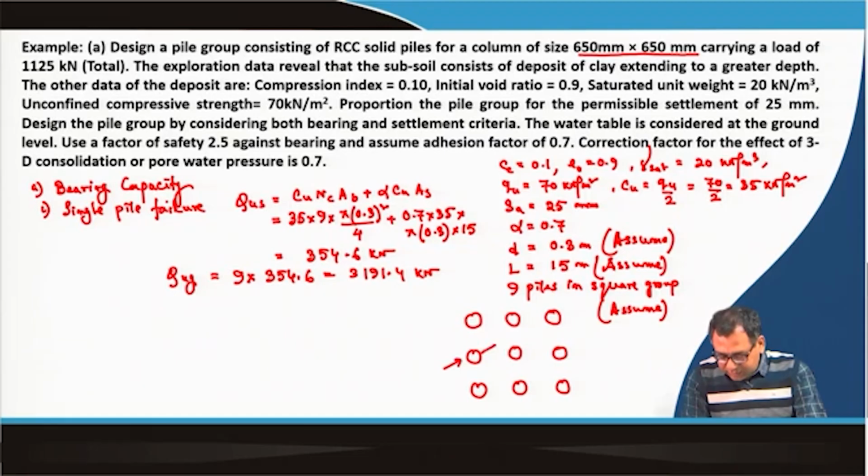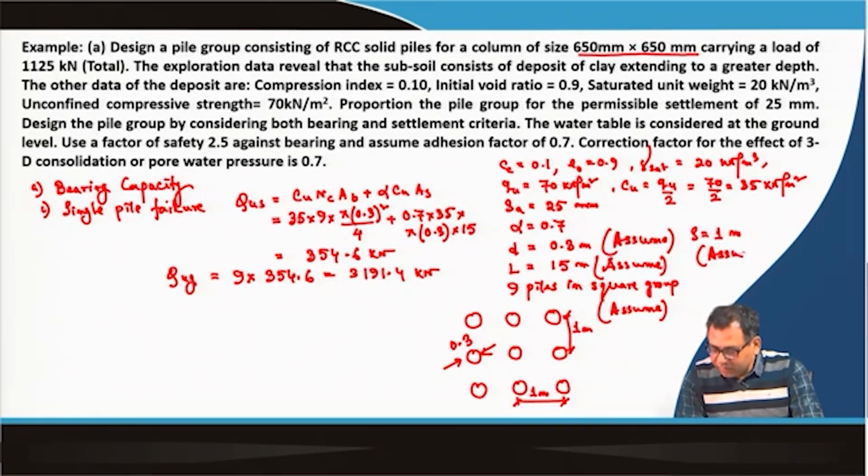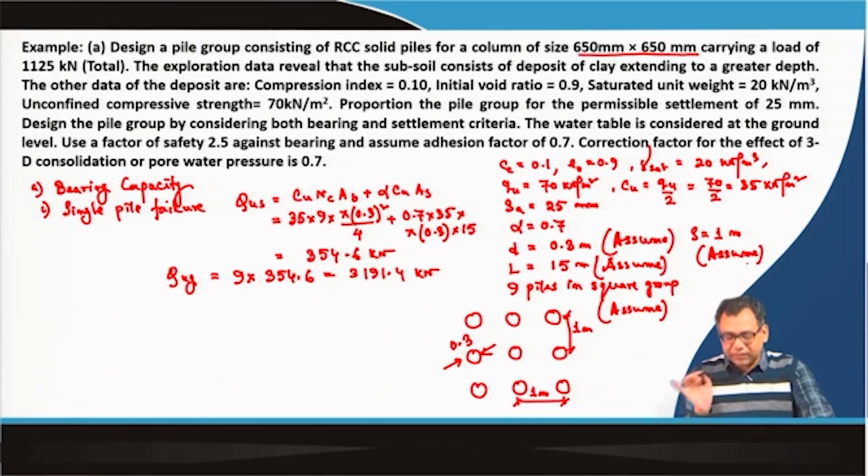So these are the 9 piles, with diameter 0.3. Again we are assuming for the first trial the spacing between the piles is 1 meter. Here also, as per IS code, the minimum spacing is 3D, so we are taking 1 meter. The spacing between the piles is also assumed for the first trial.